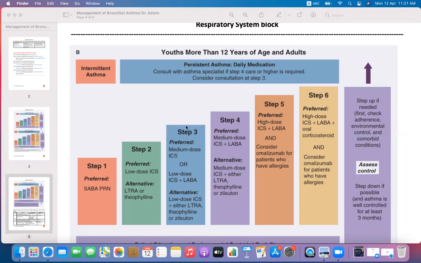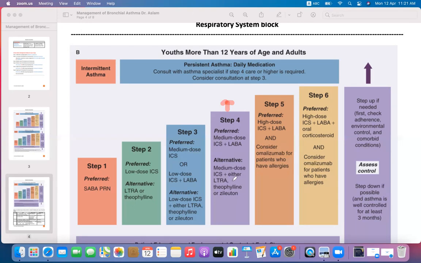If the patient did not get benefit on the previous step 2 and 3 medications, the patient can jump to step 4 medications, and it includes medium dose inhalational corticosteroids plus long acting beta agonist. Alternatives are available if the patient is hypersensitive or contraindicated to this drug.